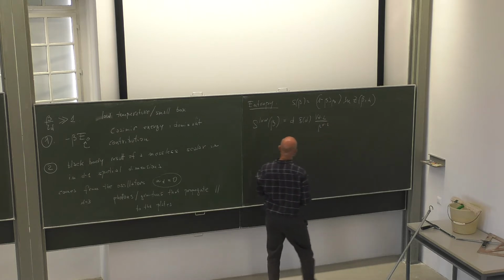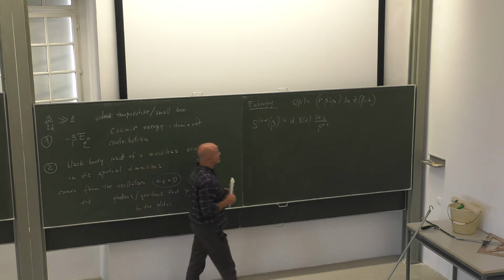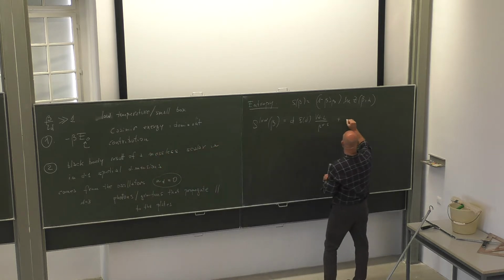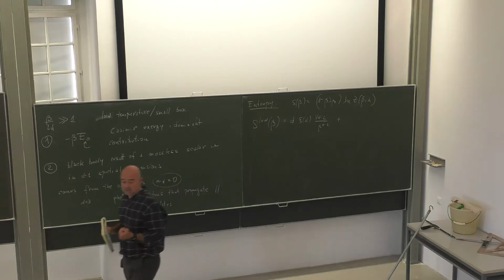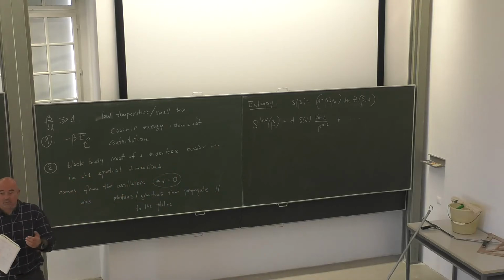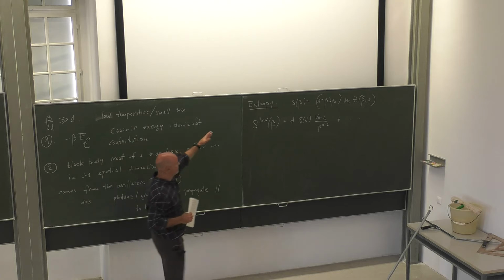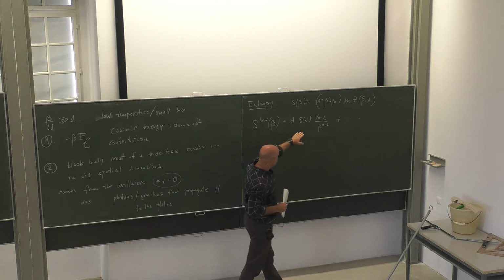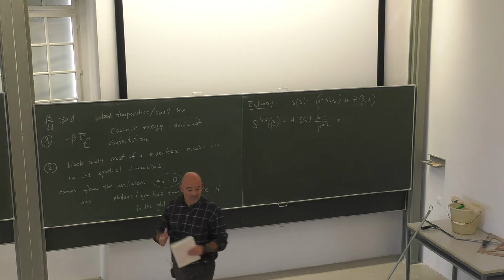So you see that at low temperature, if d is equal to 3, the entropy scales like the area and not like the volume. And this is not what you expected, right? Not what you expected from the high temperature behavior, where it scales like the volume, as we are going to see. So that's surprising, and this has not a lot to do with black holes or horizons or so on.